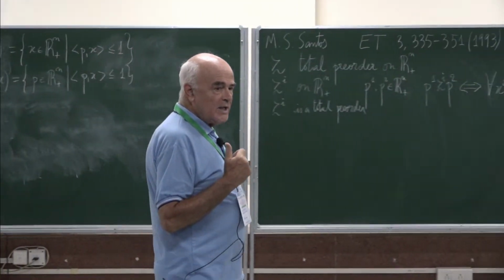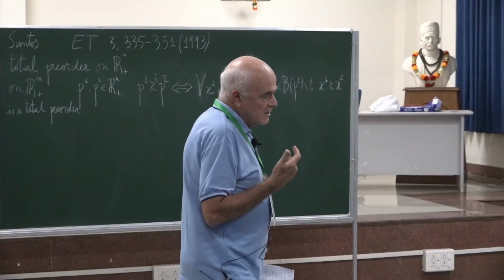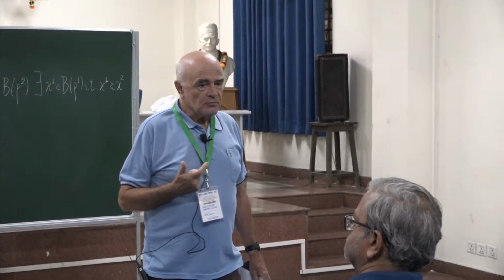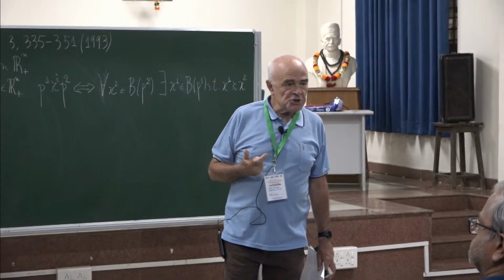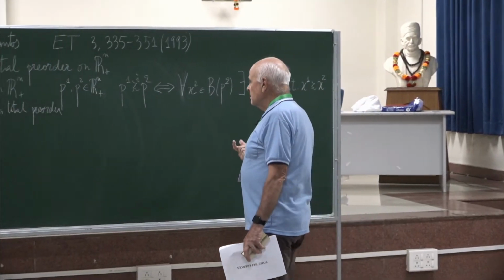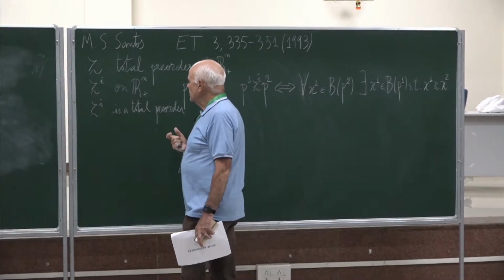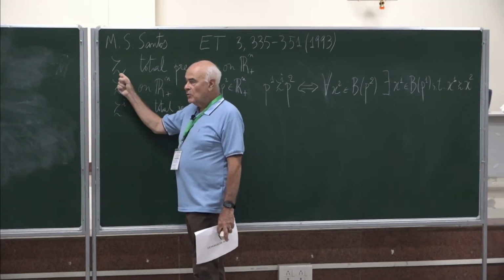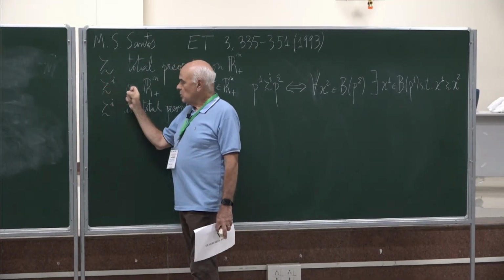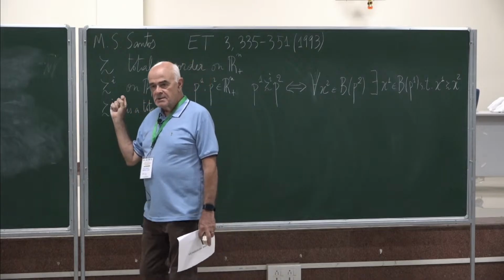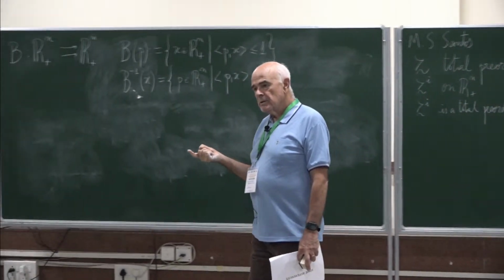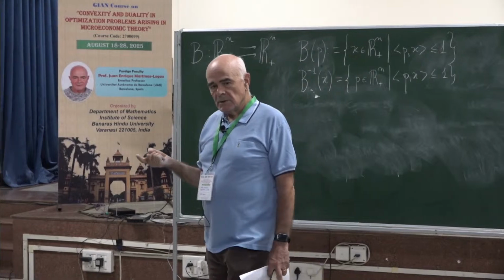So now we need a corresponding formula, a corresponding definition, for moving from a total preorder on prices to a total preorder on commodity bundles.